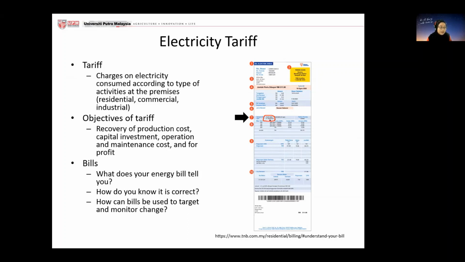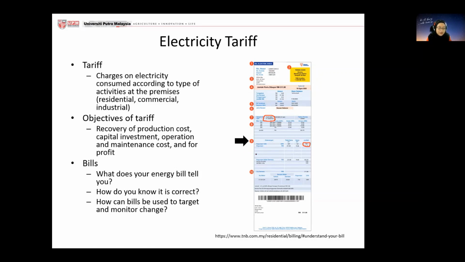In this case, kediaman is residential. That will tell you what tariff is applicable. And number 9 is how much energy you use, in kWh.